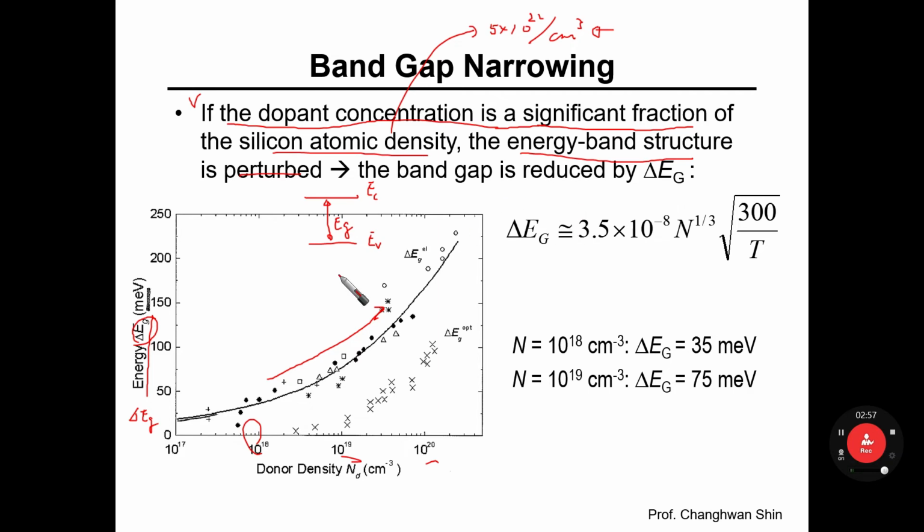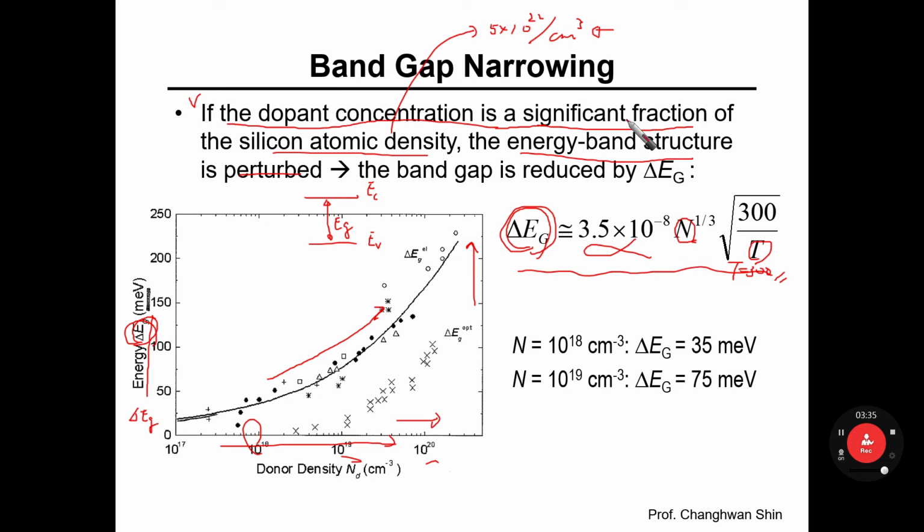On the left hand side, you can see a plot showing how much the band gap energy has been lowered as a function of doping concentration. With a higher doping concentration, the band gap energy lowering increases. Here is an analytical form of how the band gap energy lowering is associated with the doping concentration as well as temperature. At room temperature, the band gap energy lowering is proportional to the doping concentration to the power of one third.